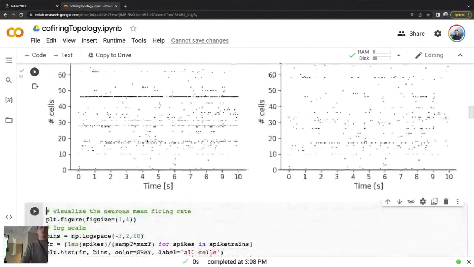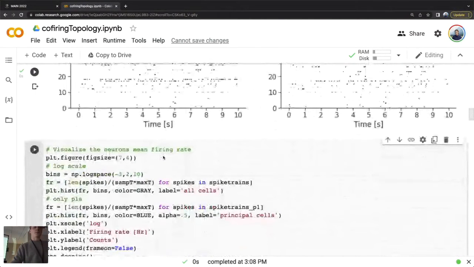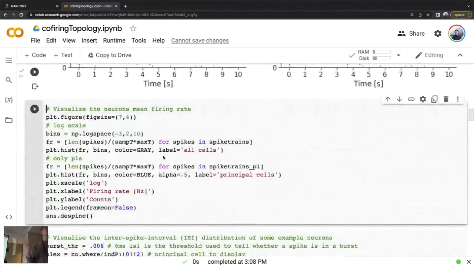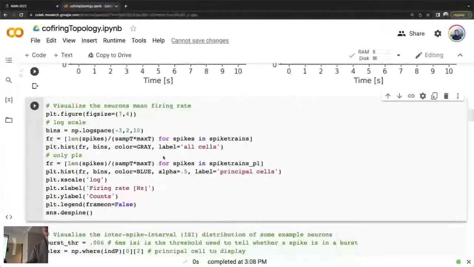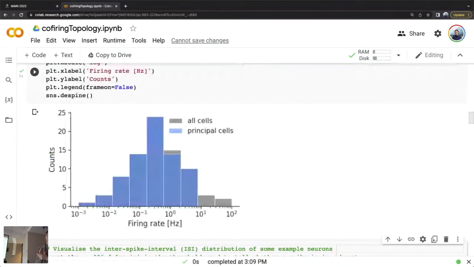Okay, so now what we can do as well to have a global picture of what's happening in the population is to plot the distribution of the firing rate of all the units. So interestingly enough, we have a log normal distribution of firing rates in the brain.